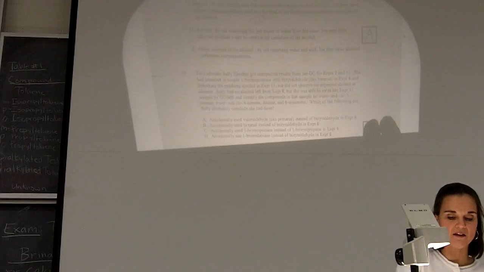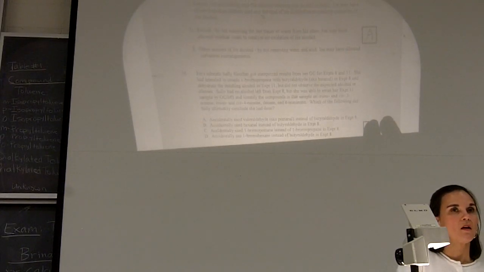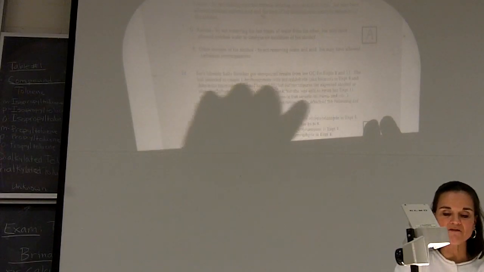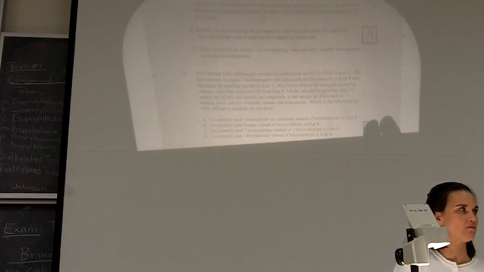Accidentally used hexanol instead of butyraldehyde. Well, what of these would you have gotten from the hexanol? Would you get the 3- and 4-nonene? Yes. Would you get the 4-nonenone? Would you get the decane?